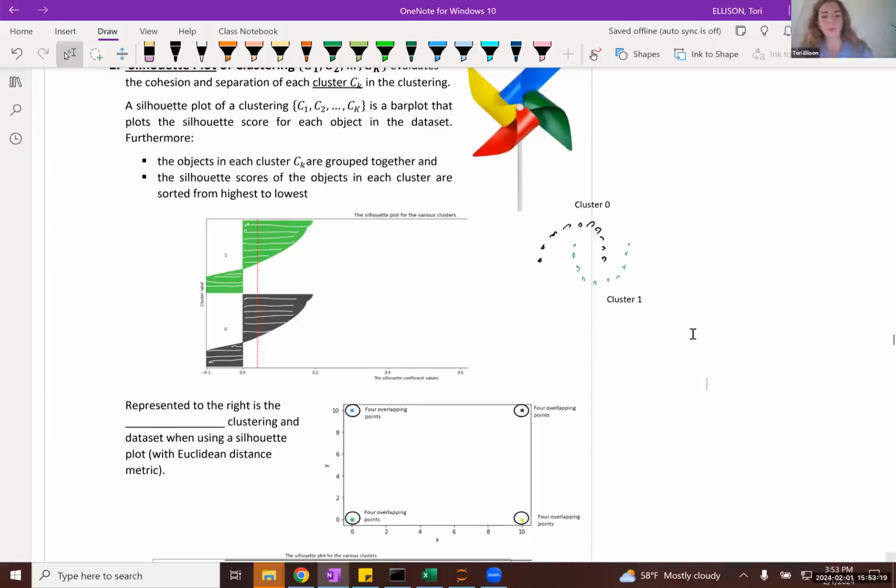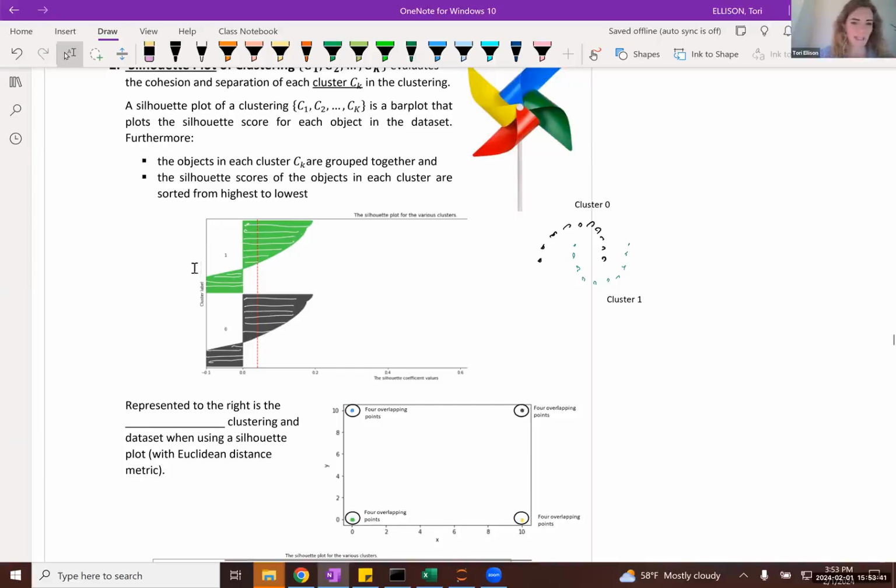Okay. Now, what we can see here is that, even though this clustering of these two clusters actually did a good job based on what we can see with our eyes, the face value interpretation of this silhouette plot would suggest that this is not a good clustering, right?